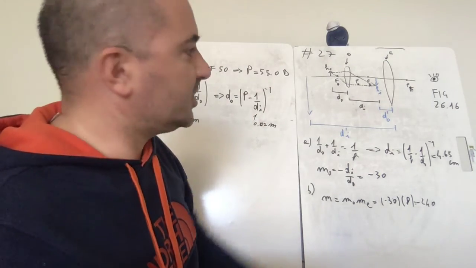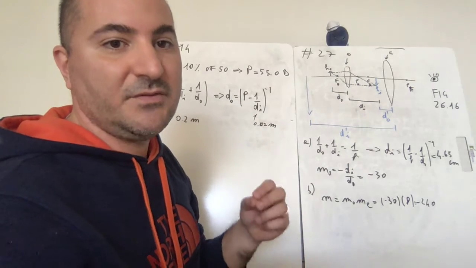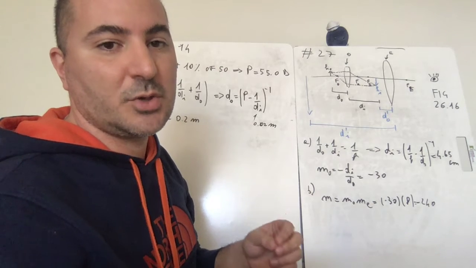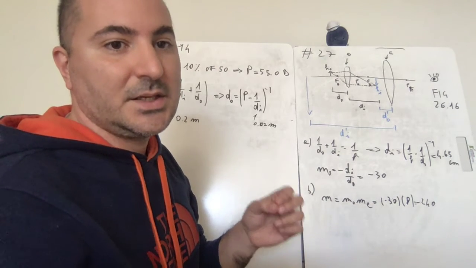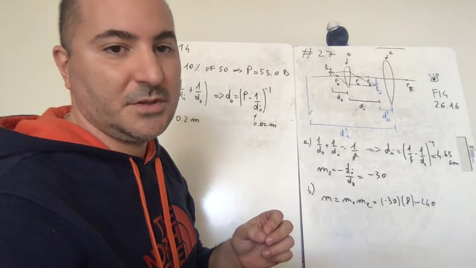Let's stop here for a second, because the first part of the problem asks: what is the magnification produced by a 0.15 centimeter focal length microscope objective lens that is at 0.155 centimeter from the object being viewed?